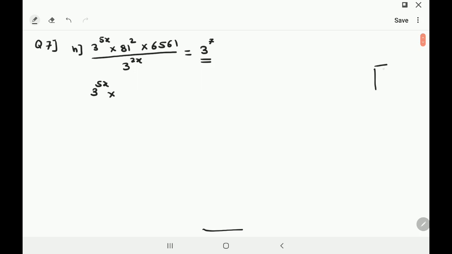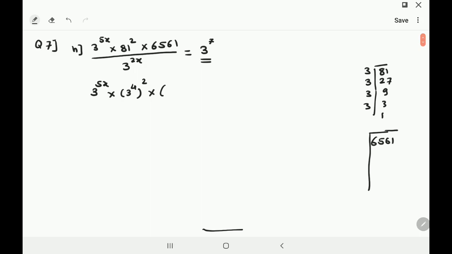So 81 is 3 raised to 4. So 3 raised to 4 raised to 2 into 6561.